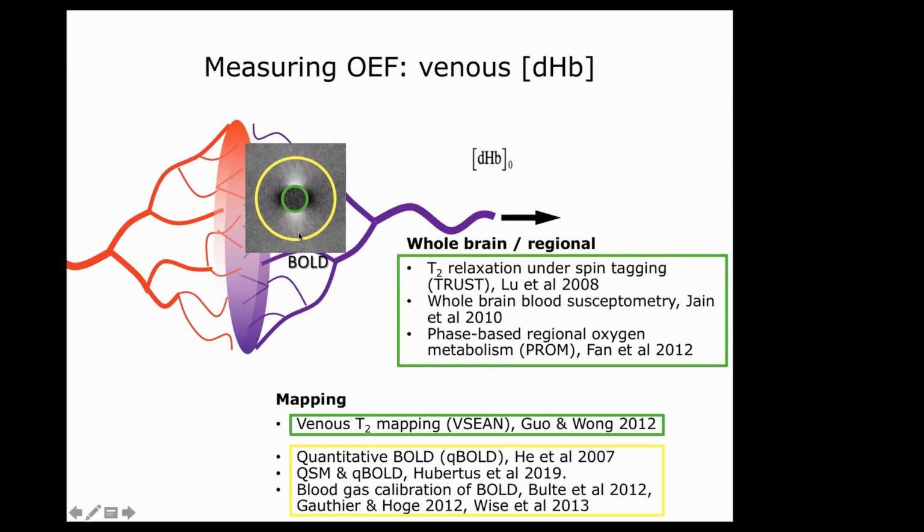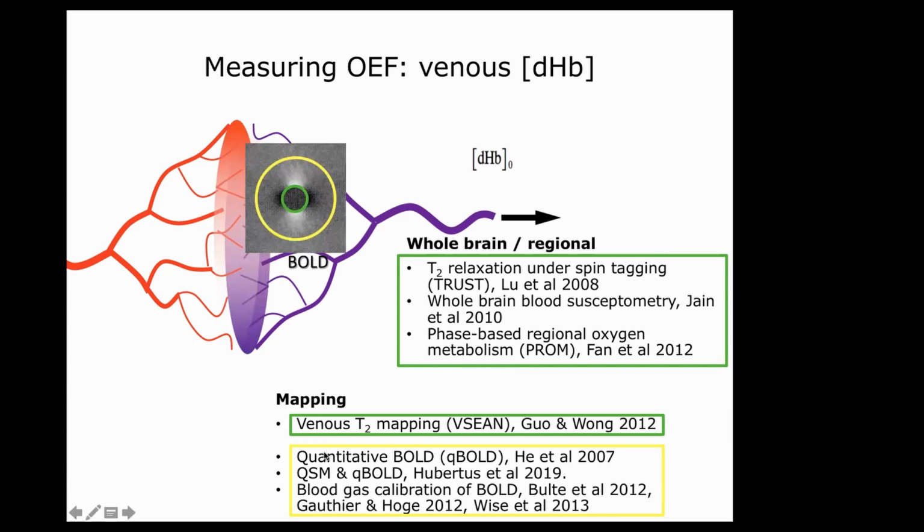And again, you could think about the techniques being divided into those that try to look at an intravascular signal based on the oxygenation of blood within the vessels, and other techniques, for example, T2 mapping, and other techniques which rely on changes in susceptibility of the blood, which have an effect outside the small blood vessels as well as inside them.